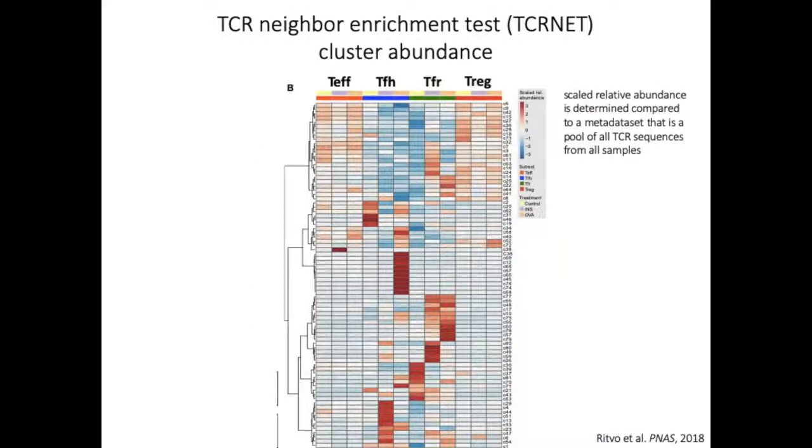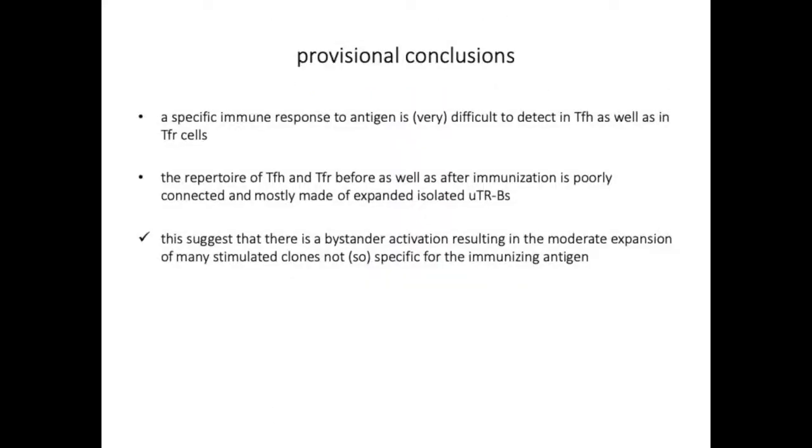You can also see this on that slide, but for the sake of time, I don't have time to describe it. The only thing I wanted to mention is that this representation showed that in three different Tfh samples, the response that we detect is very private. Now, what are the provisional conclusions from this work? First, a specific immune response to antigen is very difficult to detect in Tfh and Tfr cells, to our surprise.